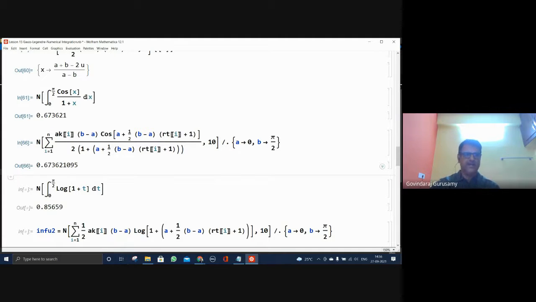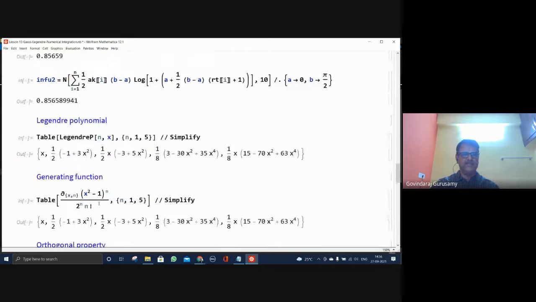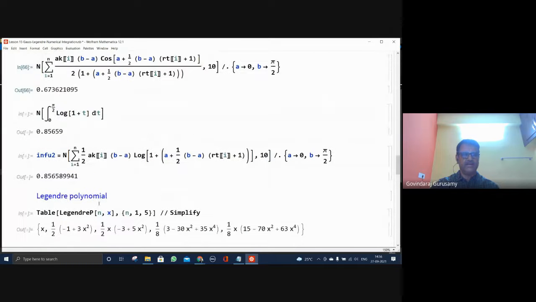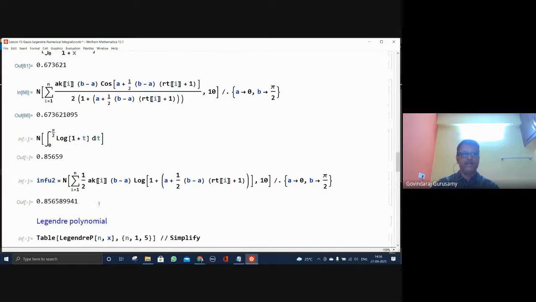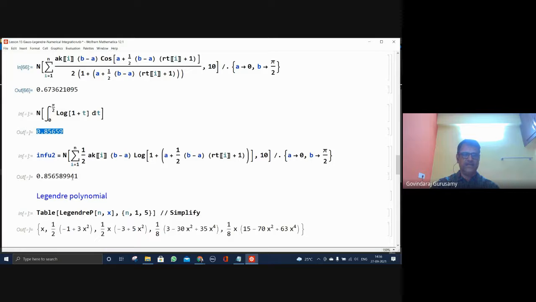So depending on the number of terms, you can increase it and make sure that you have the required digits of accuracy. Next is the integral from 0 to pi by 2 of log of 1 plus t dt. This is the actual integration. It's the number that has been shown here, and we'll check.